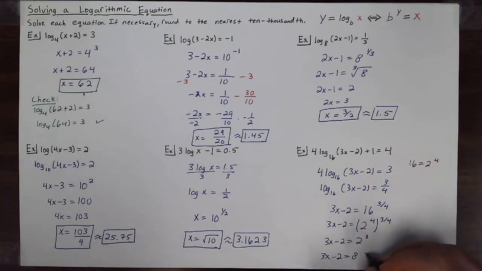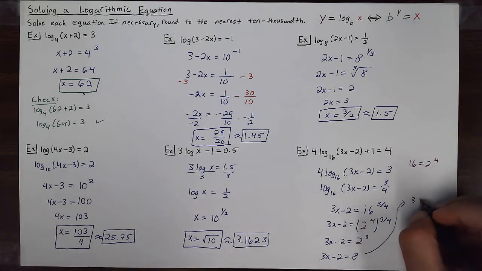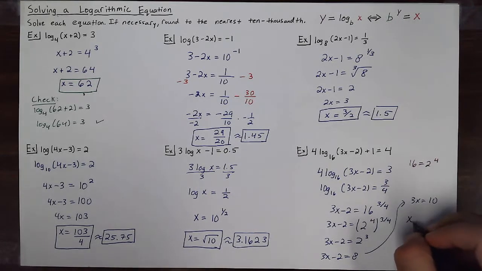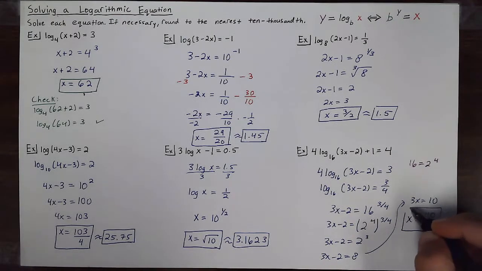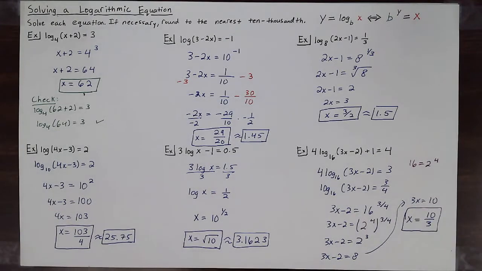And then we can finish solving. 3x is equal to 10, and x is equal to 10/3. And that is how you solve a logarithmic equation.